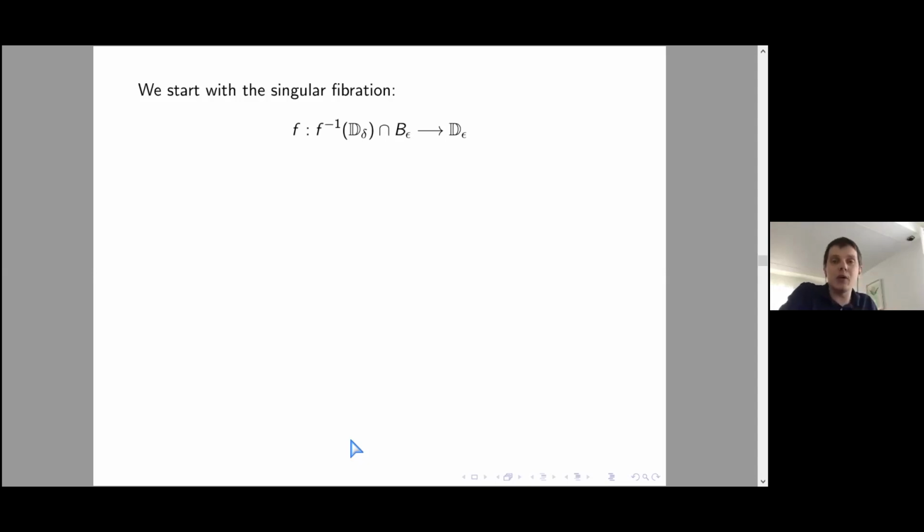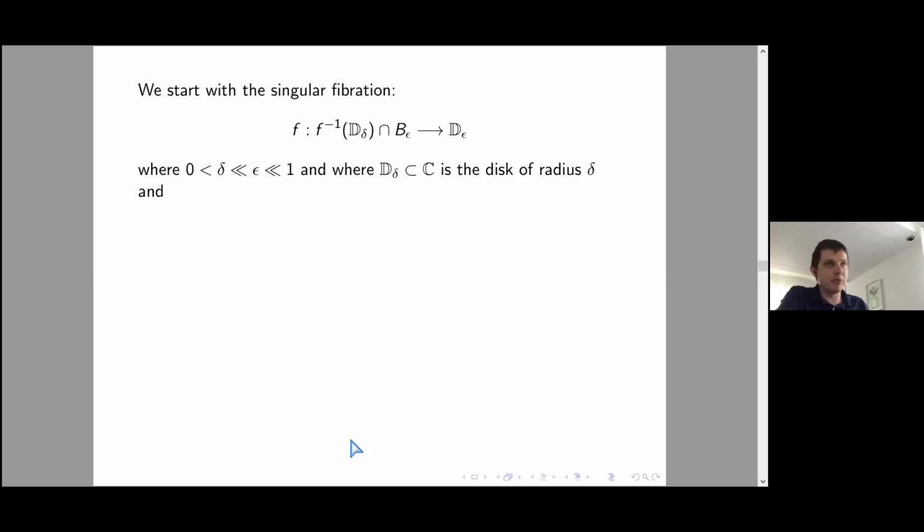So the first thing is I don't really want to work with the Milnor fibration itself. I want to work with another description of the Milnor fibration, which is the following. I look at the pre-image of a tiny disk, and I intersect it with a slightly less tiny ball, and that gives me some fibration, and it's basically the same as the Milnor fibration with a singular point at 0.